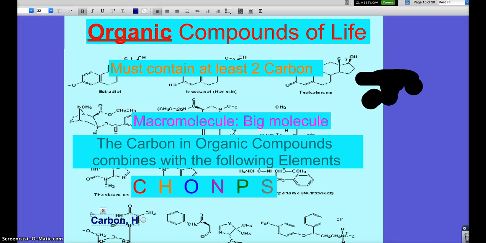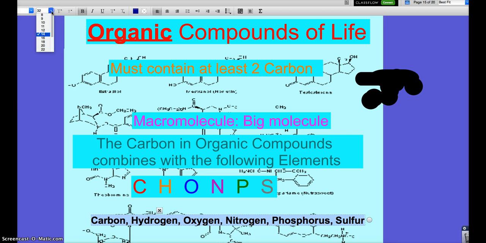Carbon, hydrogen, oxygen, nitrogen, phosphorus, and sulfur. And a lot of people will reference it as CHONPS. Okay? And you got to remember these.